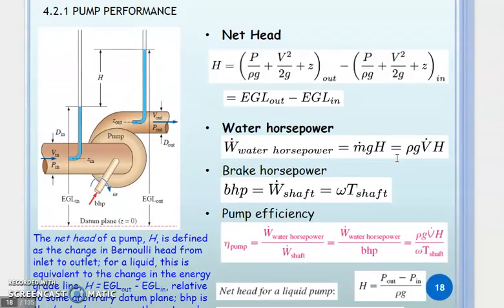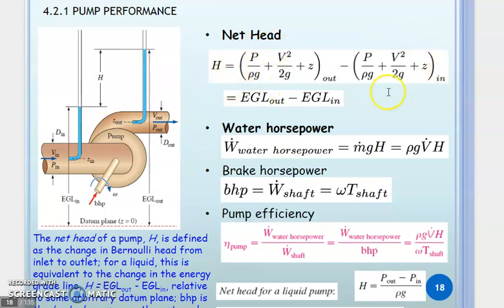Next we look into the pump. This is a typical pump configuration. We have inlet P in and velocity in, and P out and velocity out. Between inlet and outlet, there is a difference in head.